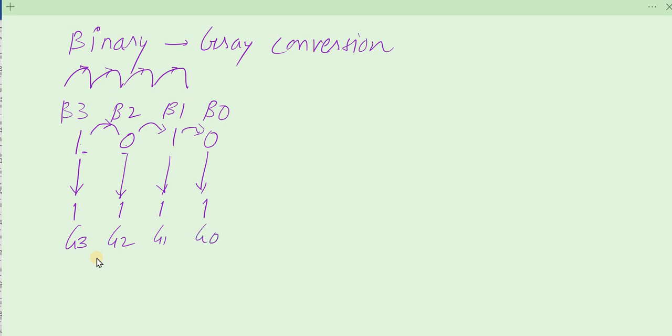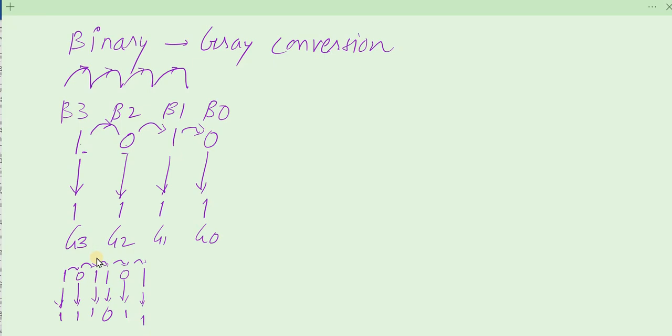We can take one more example, for 6 bits: 101101. What will be the equivalent number? The first is 1. 1 plus 0 is 1. 0 plus 1 is 1. 1 plus 1 is 0. 1 plus 1 sum is 0. 1 plus 0 is 1. 0 plus 1 is 1. This becomes the equivalent number.